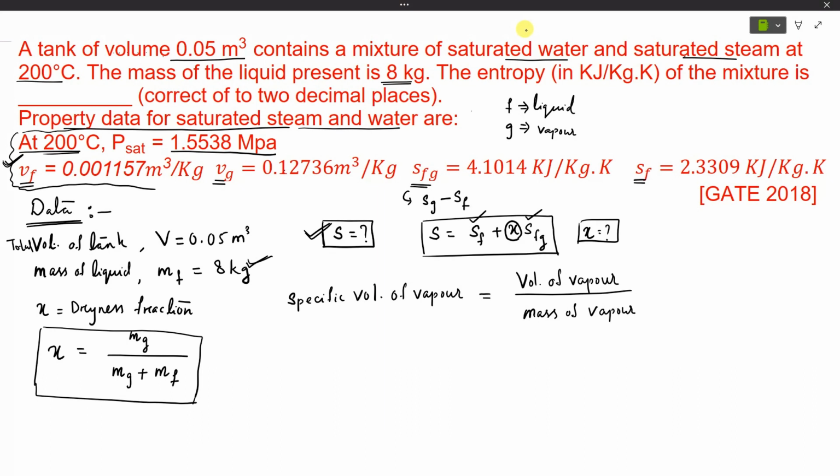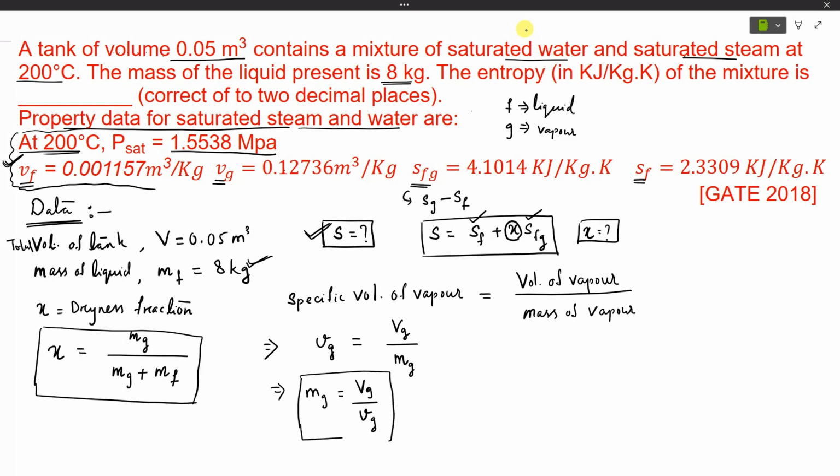So if we mathematically write this, specific volume of vapor is small v subscript g, volume of vapor, that is capital V subscript g, and mass of vapor is m subscript g. So we have to use this relation to get the magnitude of mg. So it means mg is equal to capital Vg by small vg. So here we have small vg, but we don't have capital Vg. So now we have to approach how to get the magnitude of capital Vg.